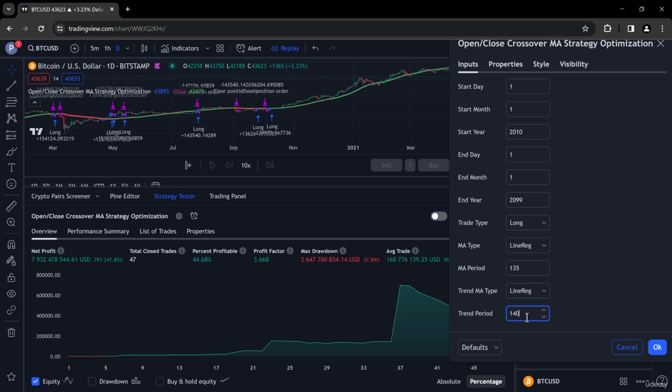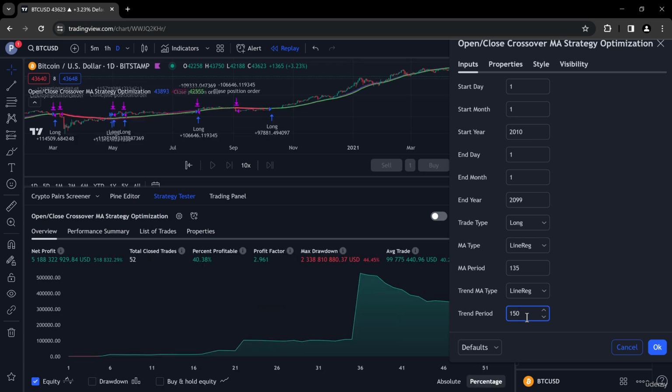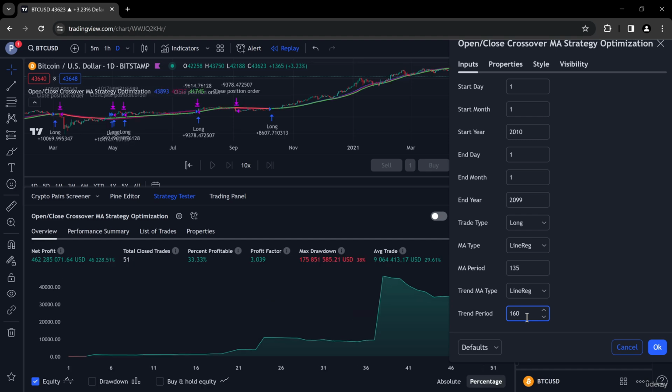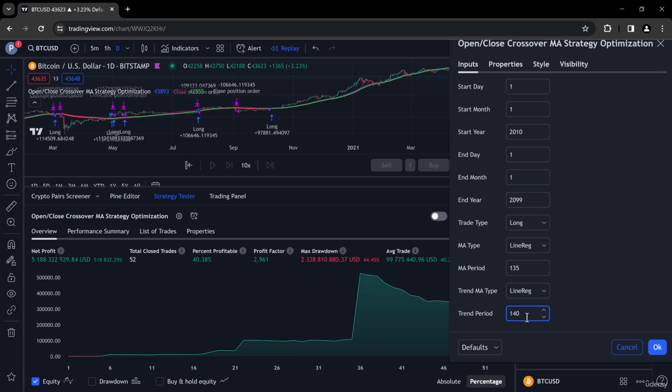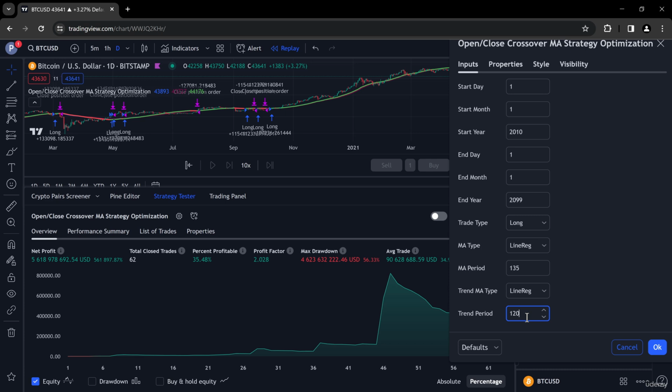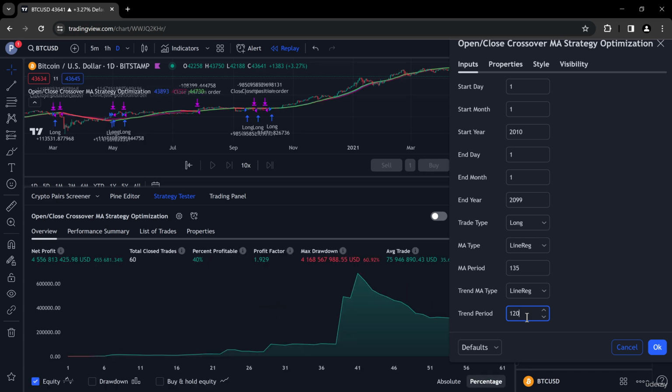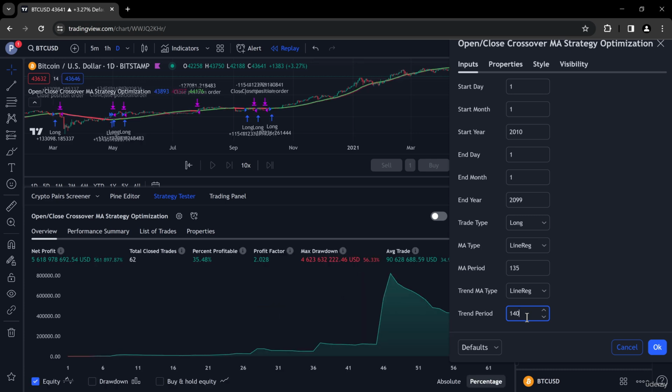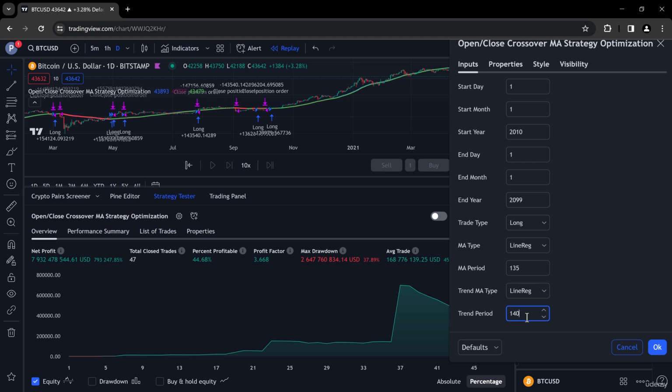Now let's try to change the trend period and see if we can improve it even more. No, it's reducing. 546,000. Okay, let's change it in a different direction. 500 and 400%. So it looks like 140 is optimal. Now let's try to change the trend MA type, right?